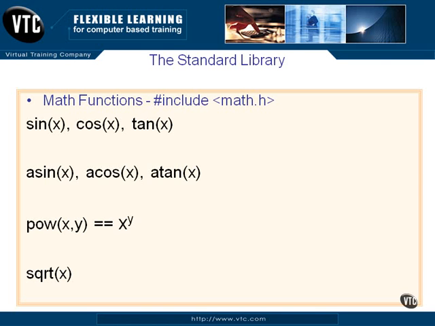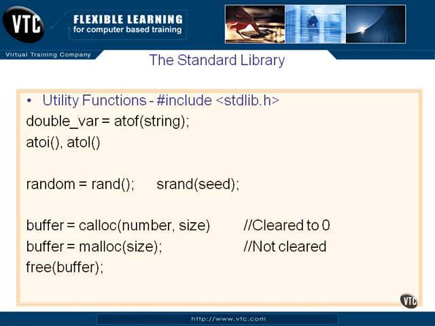But again, take a look at your math.h and you'll see that you will have much more than this at your fingertips. Here's the standard library. Some of the items that are in stdlib.h. There are several more functions in the standard library, but they're not as commonly used as these. For example, ASCII to float, atof.